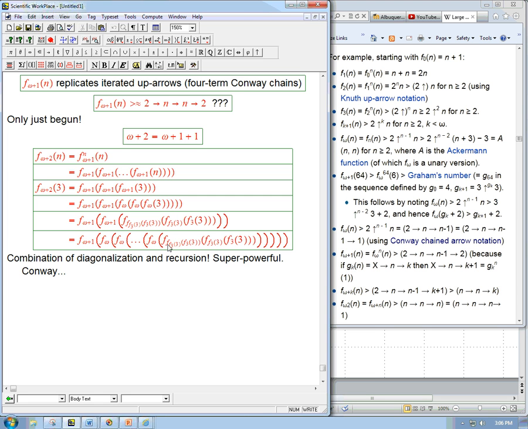If you unpack it, I'm not going to go through the details, but if you compare with what we were doing with the chained arrows, that's very, very similar.